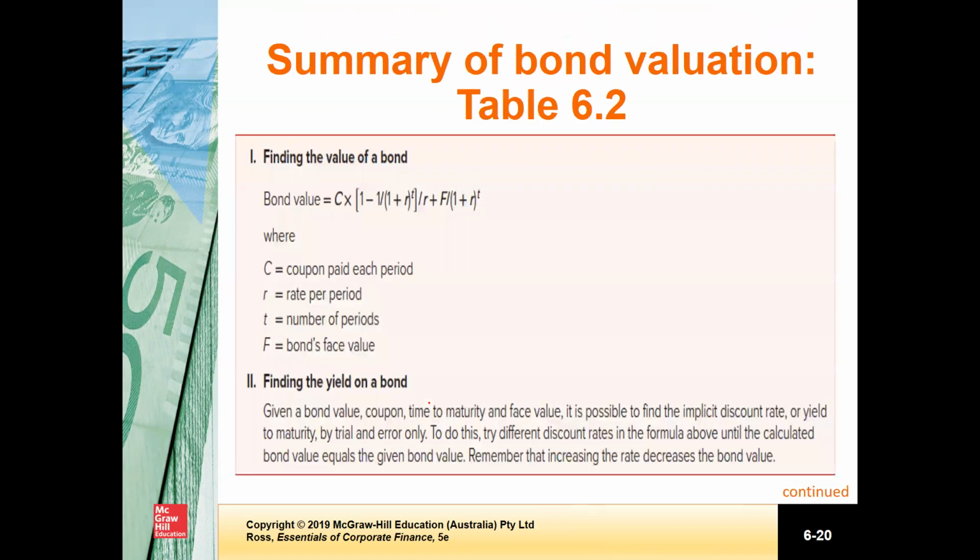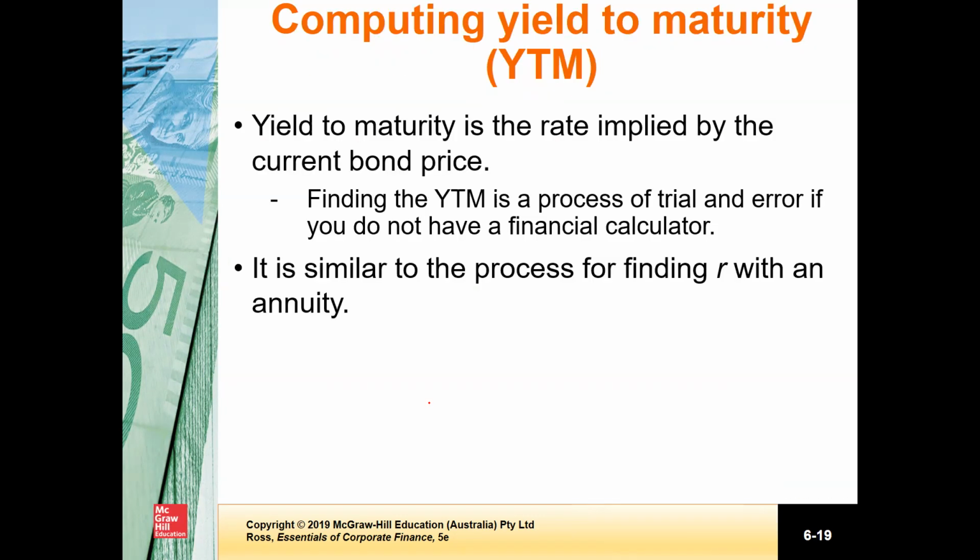We have learned this trial and error process earlier. First of all, you need to try with a certain required rate of return and compare the bond value with the quoted price, and you need to find out whether there is any difference, and you need to continue this process until these two prices are the same.